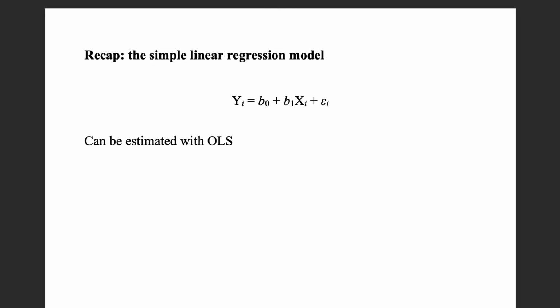So we already know how to find the right values for b0 and b1. Finding those values is sometimes called estimating the model. And the way to estimate these kinds of simple linear regression models is the OLS method, or ordinary least squares, which we even did by hand in the lab lecture from last week.